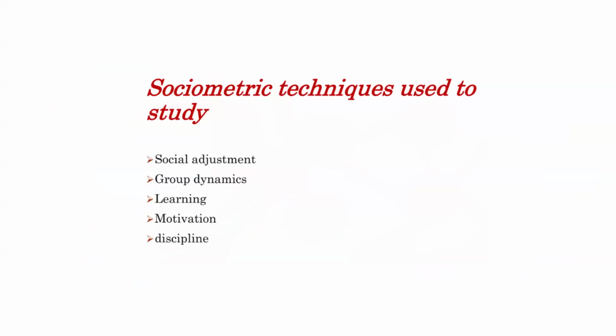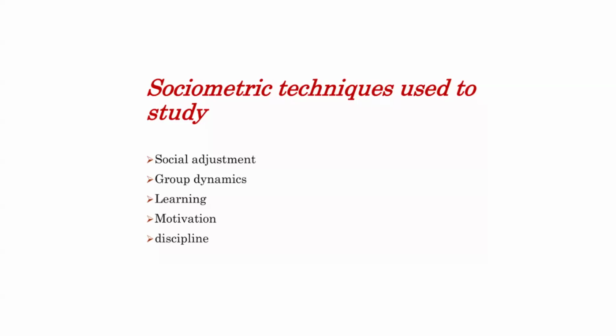That is very important because we need social adjustment in our day-to-day life, in our real life, everywhere. Even if we go to the bank, we should have social adjustment. Group dynamics: when we work in a group, in a working place, we need it.